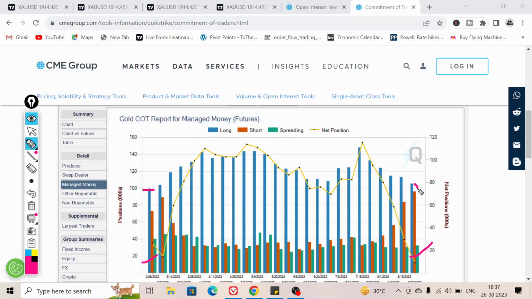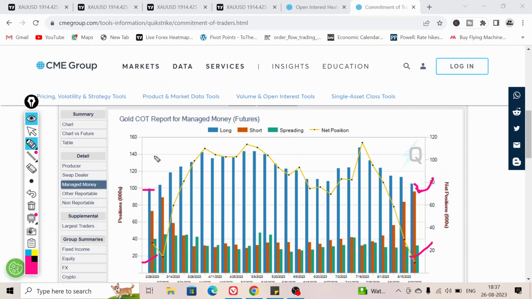So yes, some decline is still possible, meaning they can still pull money from the longs, and after that we can expect some bounce. This is totally based on the positions. So the net long position is now near the lowest level in the 6-month period.